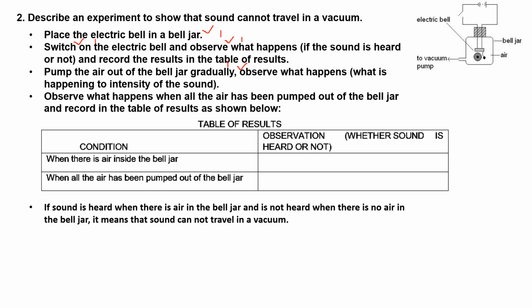And observe what happens, 1 mark again. Then observe what happens when air is completely out of the bell, is removed. 1 mark. Record the results in a table, 1 mark. So far you have 1, 2, 3, 4, 5, 6, 7.